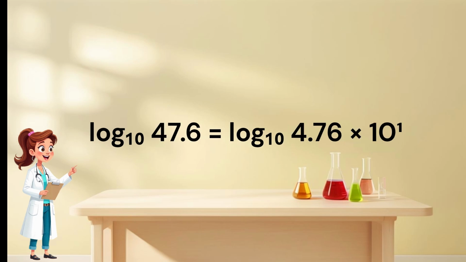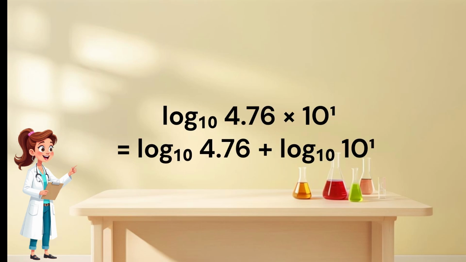Let's rewrite 47.6 in scientific notation and use that. Log 47.6 equals log of 4.76 times 10 to the 1. Applying the product property, this becomes log 47.6 equals log 4.76 plus log 10 to the 1.